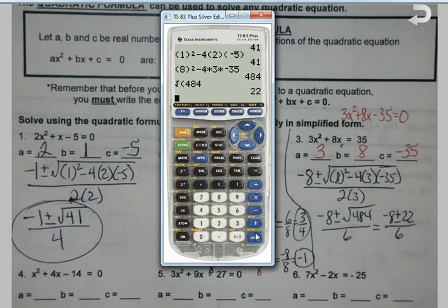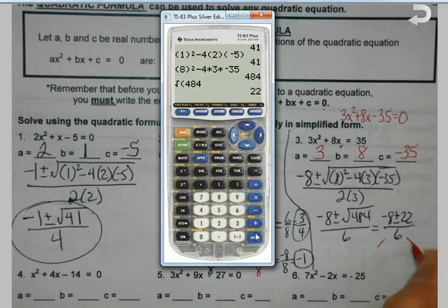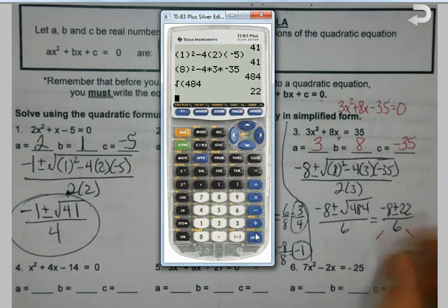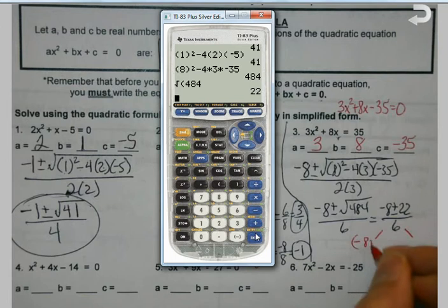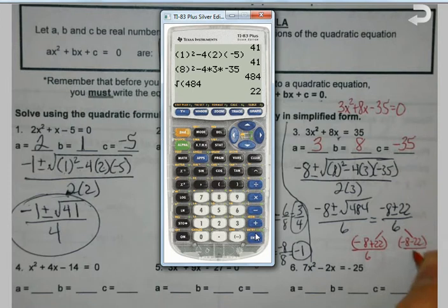So similar to what we had happen in number 2, if it breaks down cleanly like this, you do need to split and conquer. -8 plus 22 over 6. -8 minus 22 over 6.